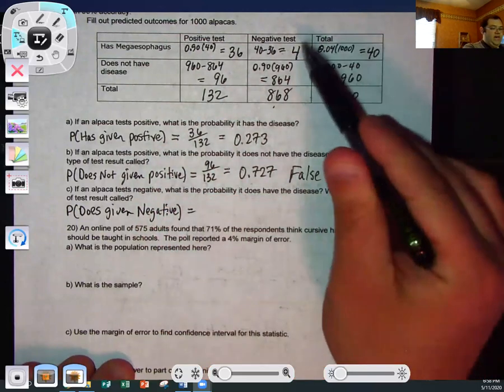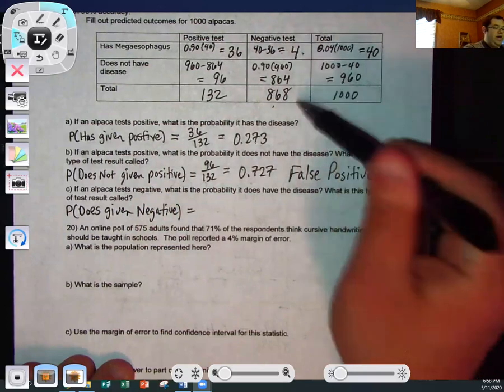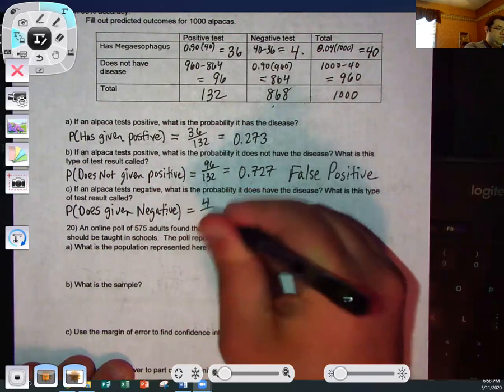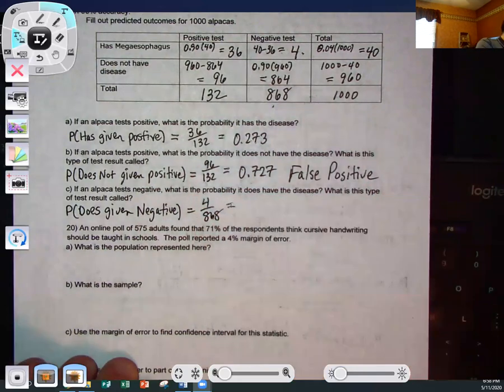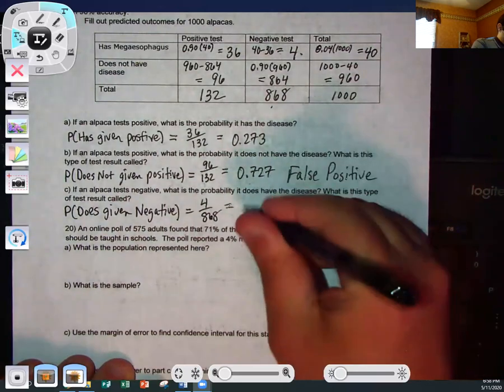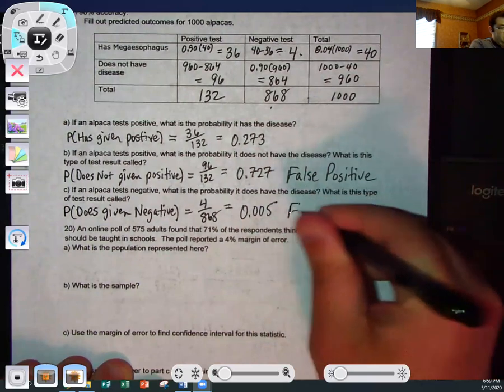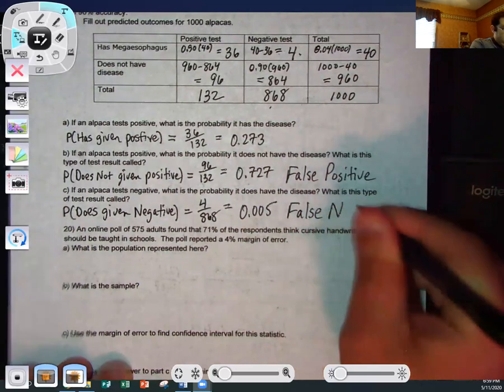So how many alpacas test negative but have the condition? 4 out of 868. So when we do 4 divided by 868, that gives us a probability of 0.005. And this is known as a false negative.